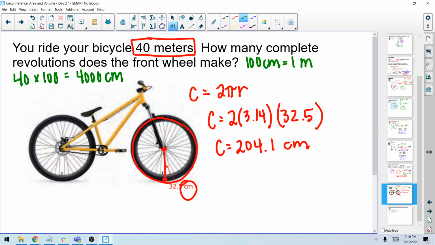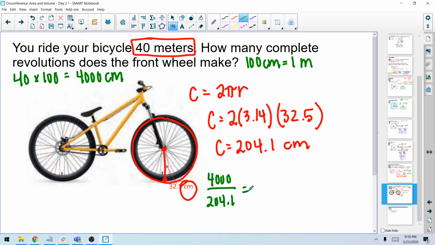Okay, so back to one rotation can travel about 204 centimeters, but I went 4,000 centimeters, and I want to know how many times the wheel spun. So just like before, we're going to take our 4,000, we're going to divide it by 204.1, grab your calculator.